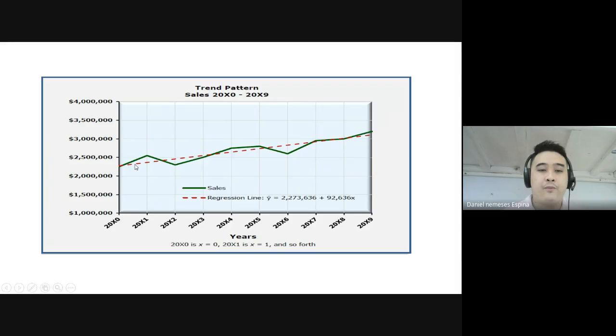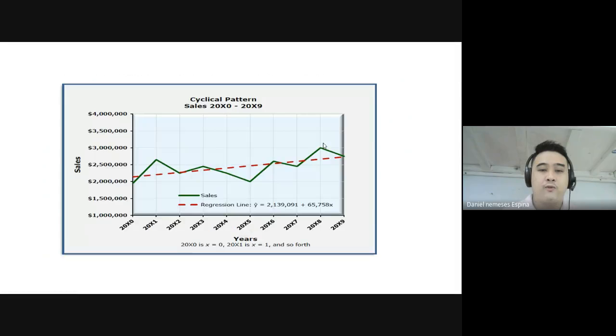So there are only a few years that deviate or do not match the regression line, but most of the data points are the same as the regression. In the cyclical pattern, most of the data do not coincide with the regression line.